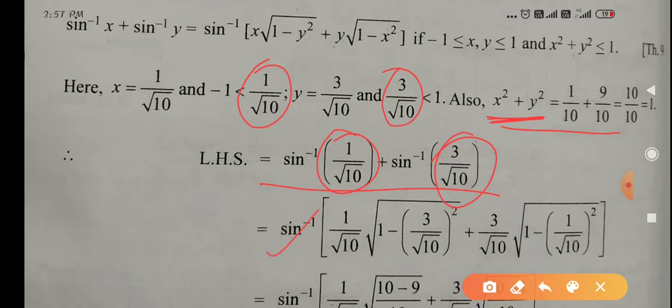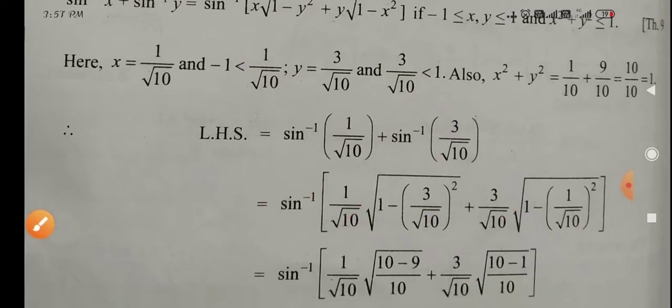You can see sine inverse x means 1 upon root 10, under root 1 minus y square means under root 1 minus 3 upon root 10 whole square, plus y, 3 upon root 10, into under root 1 minus x square, where x square is 1 upon root 10 whole square. Now simplify it.